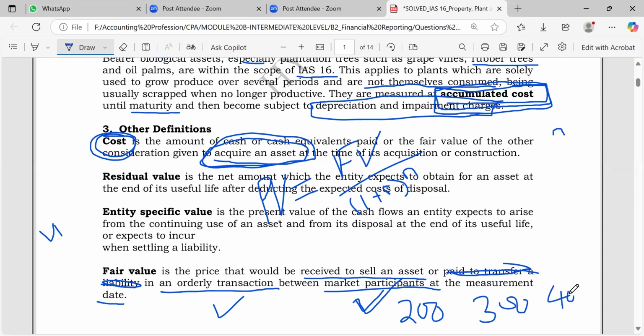Then in this way, it will be very wrong. You cannot have these different prices, which can be fair value. Now it's not possible. That's why if it is between market participants, they know the market, they know the price that can be fetched from the market. So you can just see that simple definition, but actually it carries a huge weight.